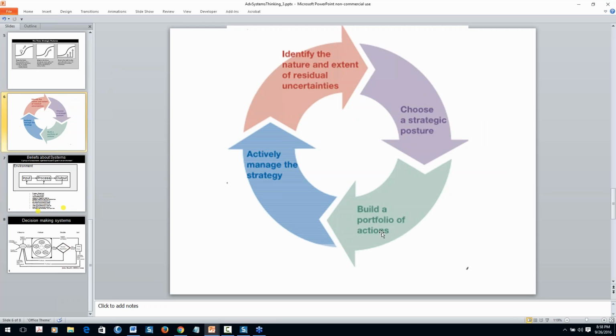So then building a portfolio of actions is simply taking actions that are appropriate for that strategic posture to begin building your positions and that are risk-reward framed. And then the fourth step, actively managing that strategy in order to continue to monitor. So if the level of uncertainty changes, you can backwards engineer and change your portfolio of actions and your strategic posture.